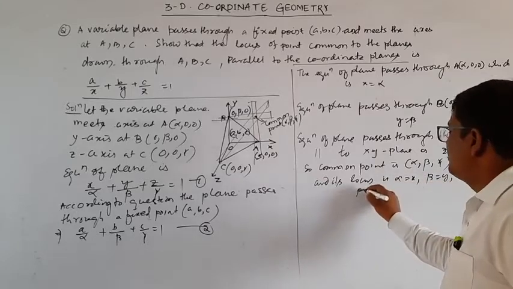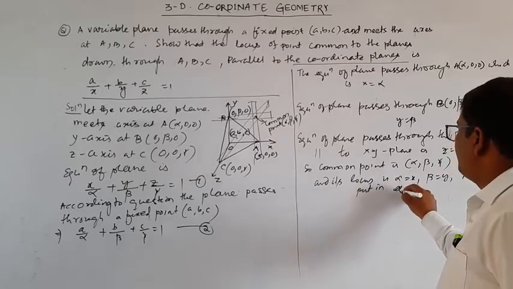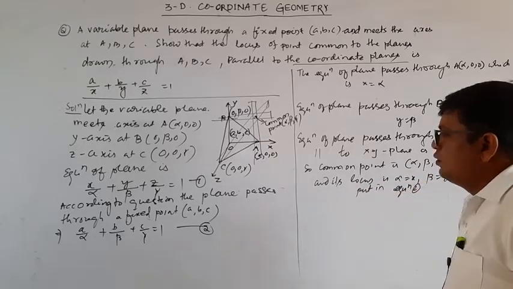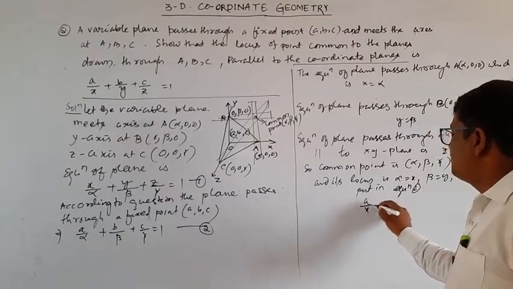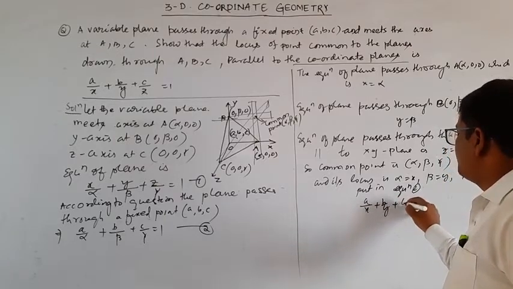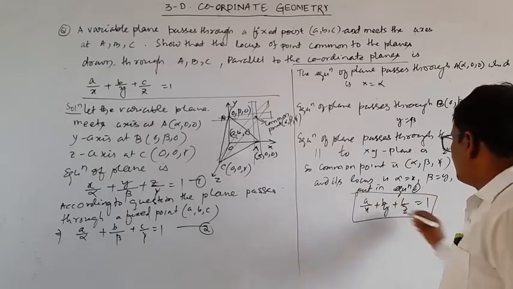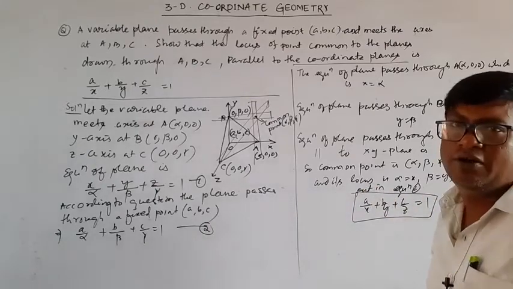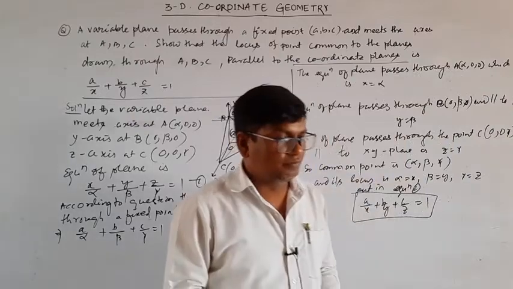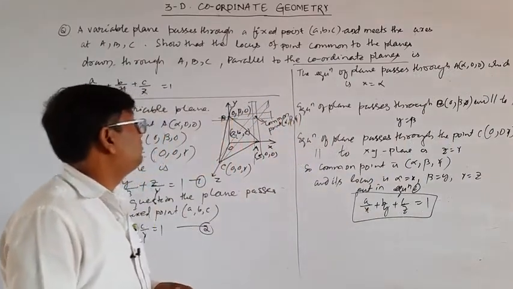Put in equation 2, so a/x + b/y + c/z = 1 is the required locus. Okay, this is a question from the Elements book.